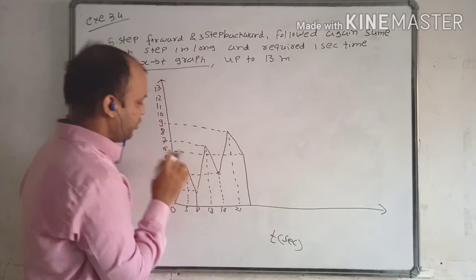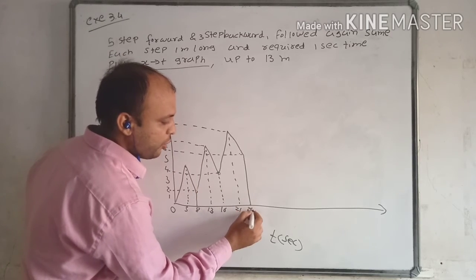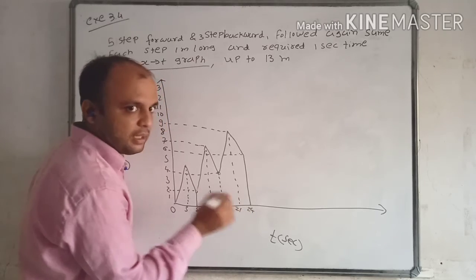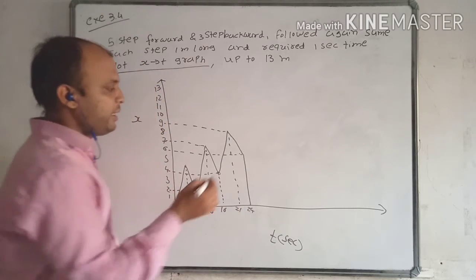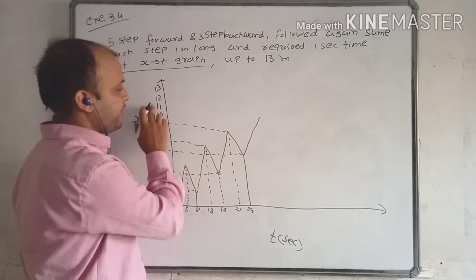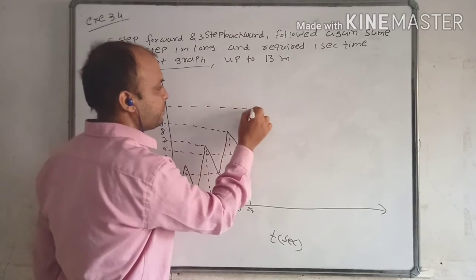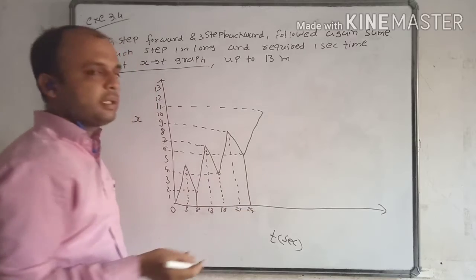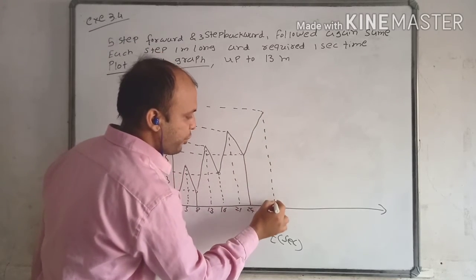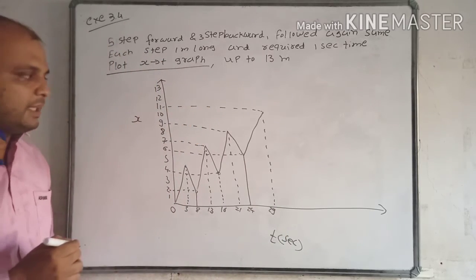To reach 6, he needs another 3 seconds, so 21 plus 3 is 24. Now again he walked forward 5 meters, so 6 plus 5 is 11. For that he required another 5 seconds, so to reach 11 meters he needs 29 seconds.